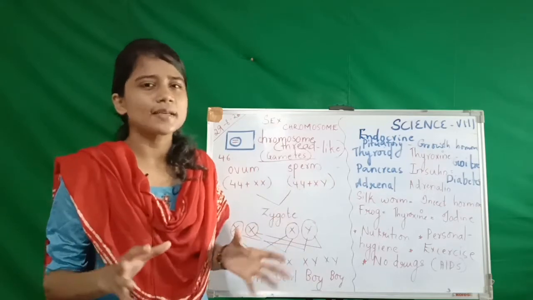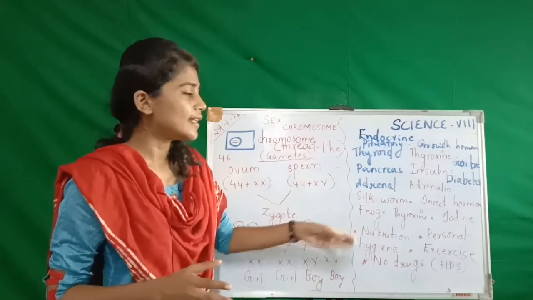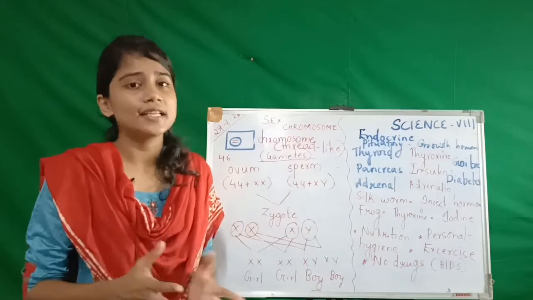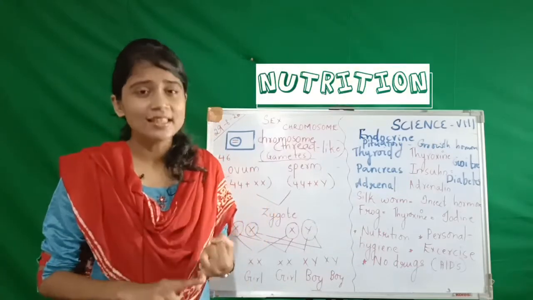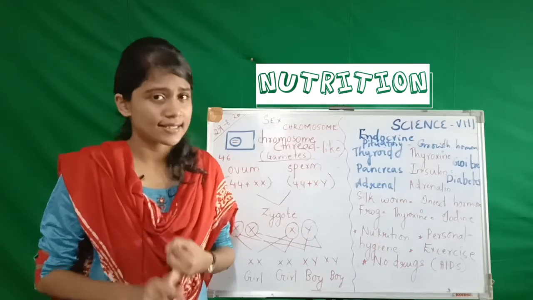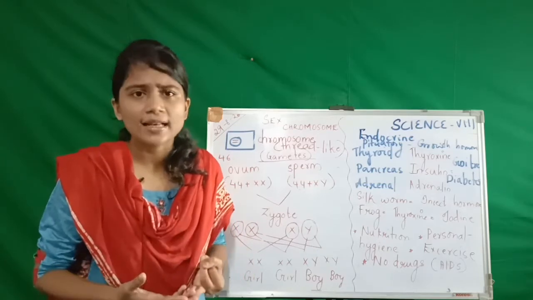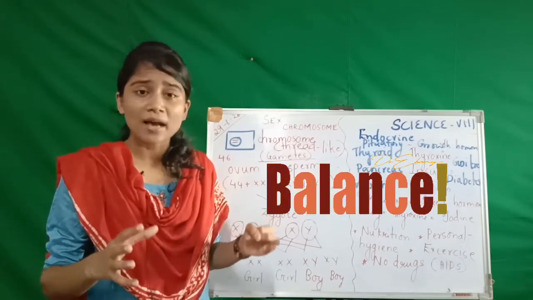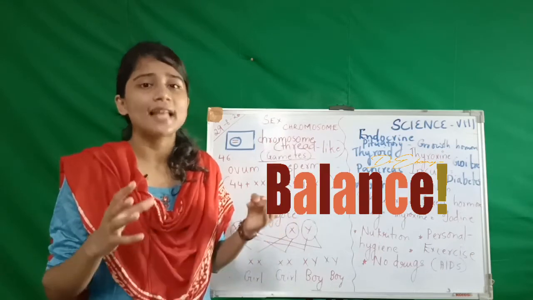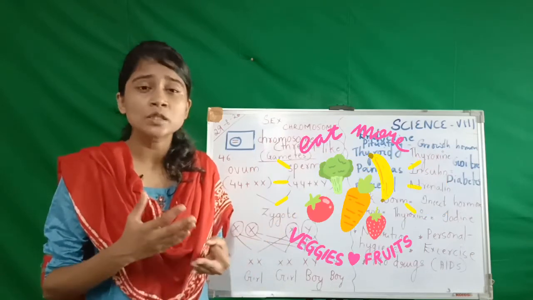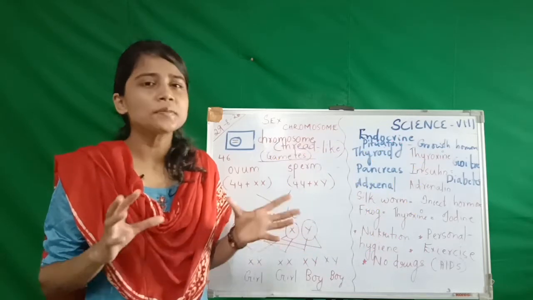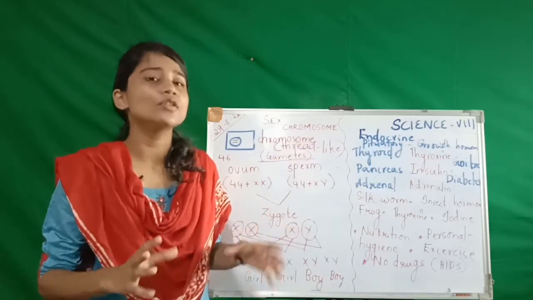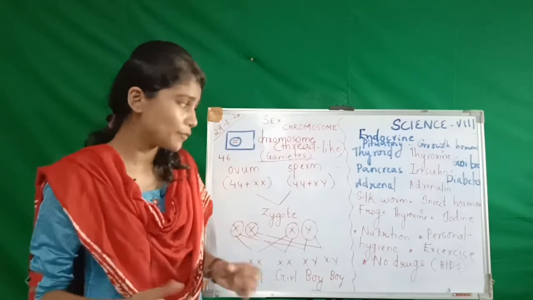Now, let's see some general topics. First of all, let's see what nutrition a teenager should take. All teenagers should eat well, and they should have a balanced diet. What do we mean by balanced diet? In a balanced diet we should include food like carbohydrates, vitamins, proteins, fibers and all. You can have snacks also, but try to eat more healthy, balanced diet food.